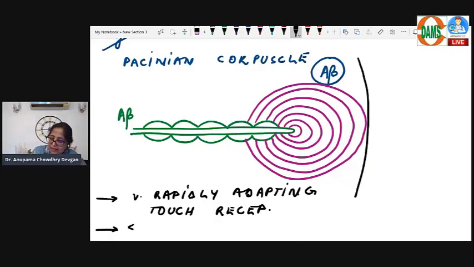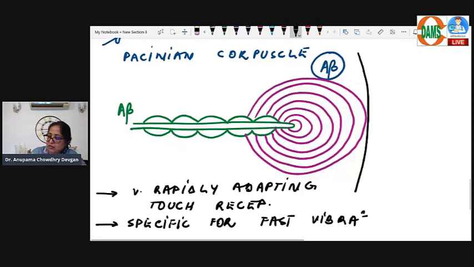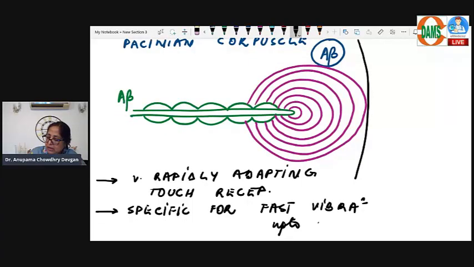Pacinian corpuscle is specific for fast vibration. This is not meant for touch, this is meant for fast vibration, up to 800 cycles per second. If you remember your sensory system examination in the first year, how did we test for vibration?